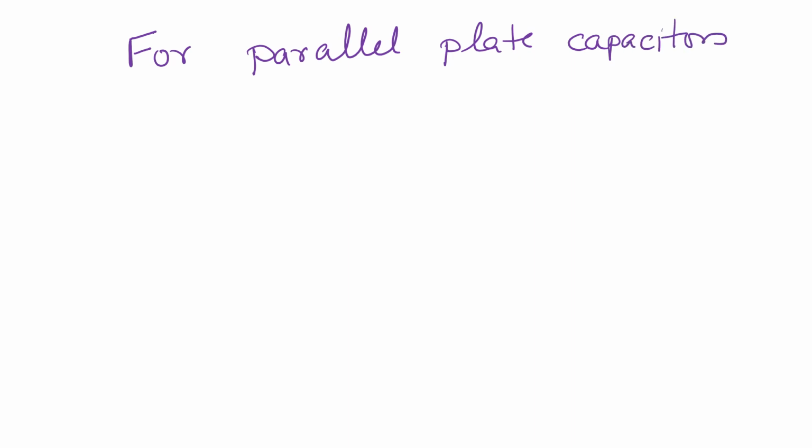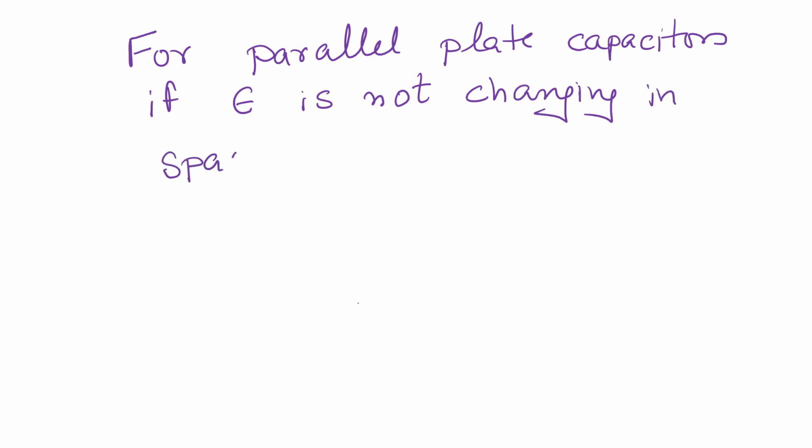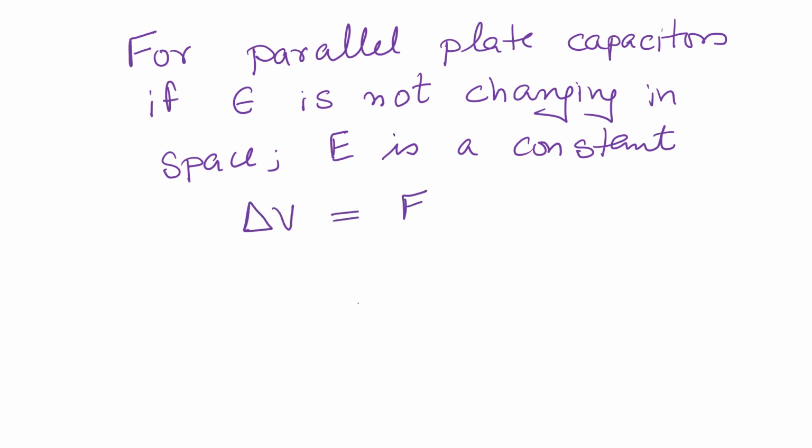For parallel plate capacitors, if epsilon is not changing in space, then E is a constant and del V simply becomes E times the distance, which makes our life easy.